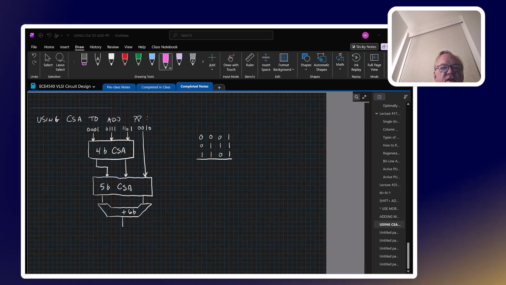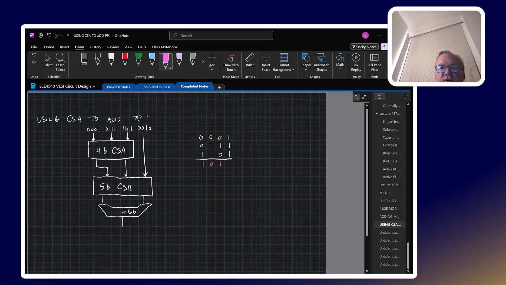Okay, so again, we're going to try and add the same numbers, 1, 7, and 13. And if we do this, we should get a sum that's equal to 1011 and a carry that's equal to 0101 coming out of the first stage.